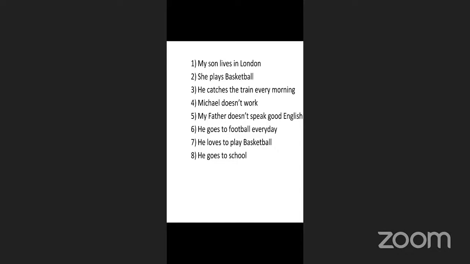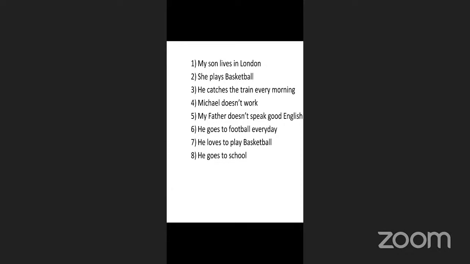Changing simple present tense into Kenyan Sign Language. Good. He loves to play basketball.